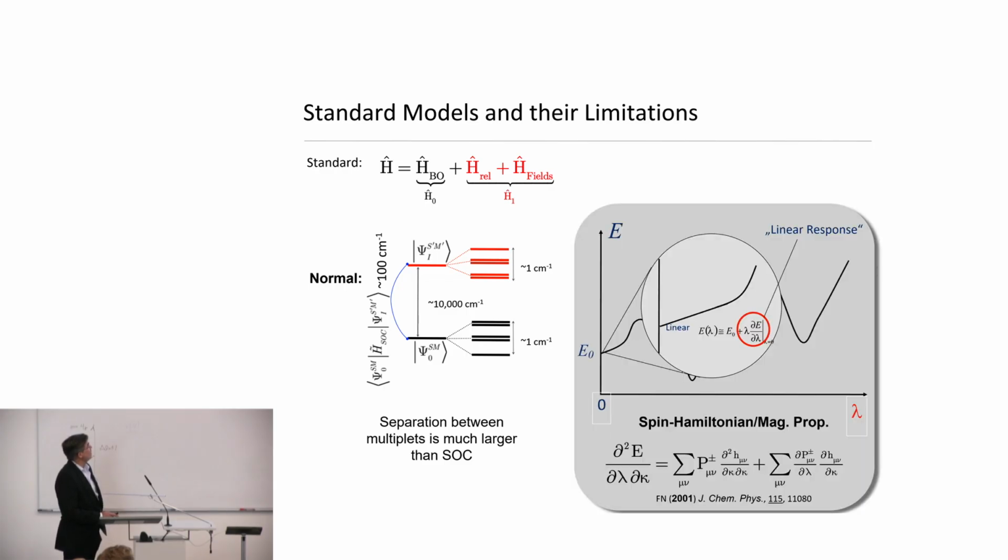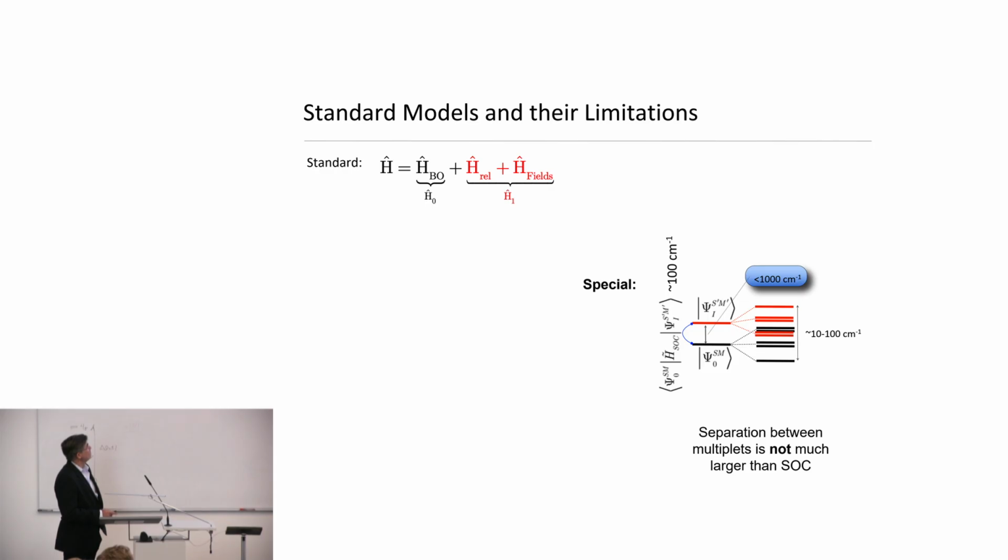Now, the other situation arises when that separation is no longer large, right? Because what will then happen is that these magnetic sublevels will mingle and merge with the ground state magnetic sublevels, and then hell breaks loose.